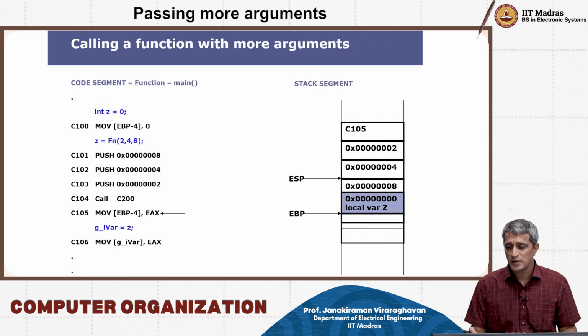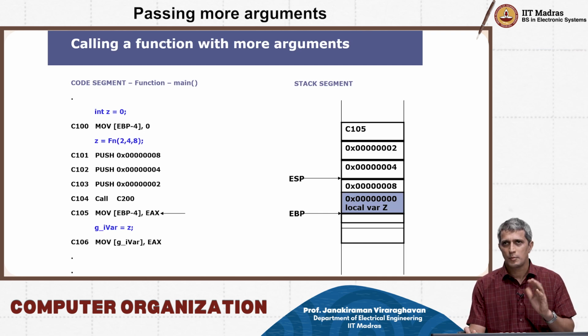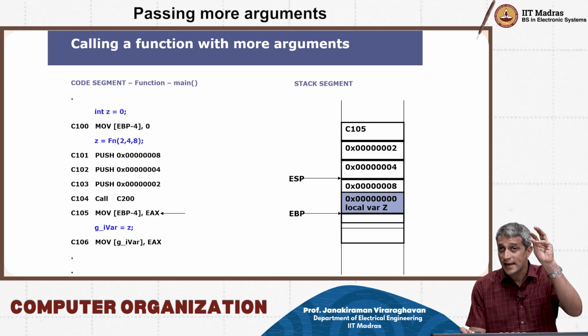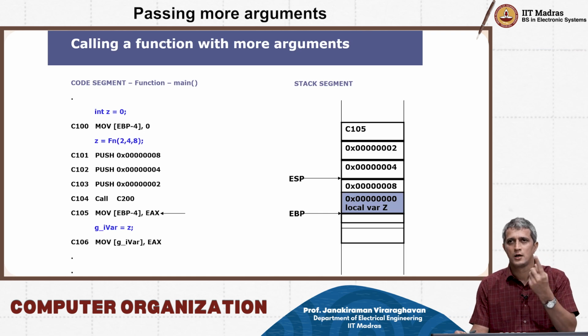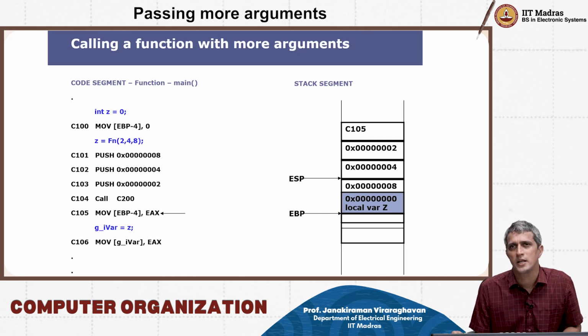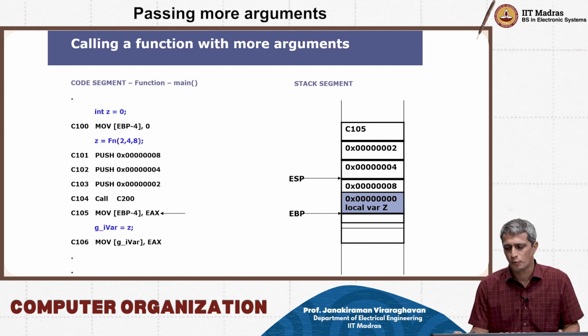So I continue executing move EBP minus 4, EAX. That EAX value is 6, which is correct, right? The x and y that we passed, 2 and 4, are exact values. You get the answer 6, and then you go ahead and return from this program.